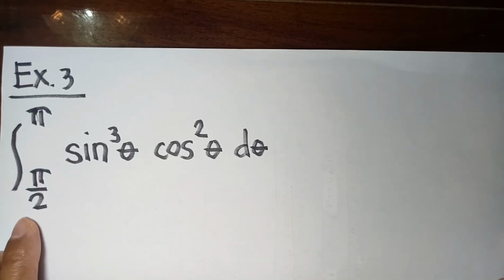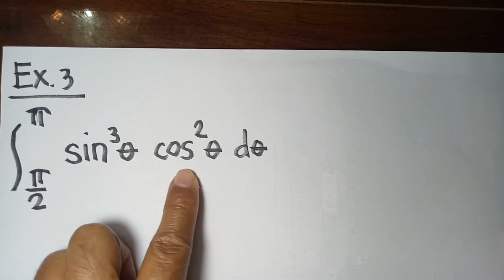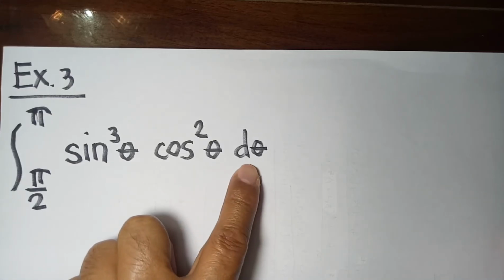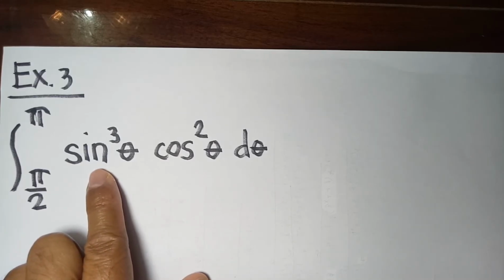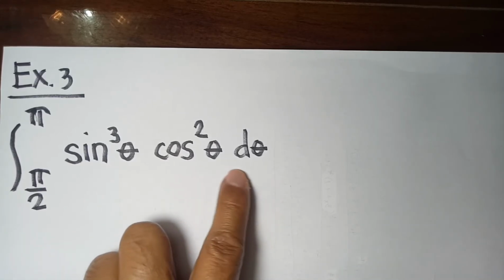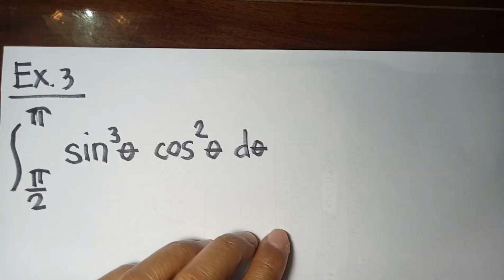Example number 3, nasa definite integral pa rin tayo, no? The integral from pi over 2 to pi of sine cube of theta cosine squared of theta d theta. Okay. So, dito sa sine cubed of theta, kukuha tayo ng isang sine, tapos yung matitirang sine squared, ililipat natin sa cosine squared.